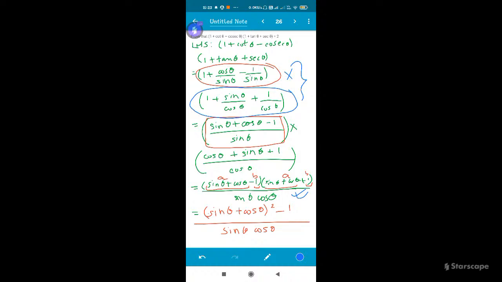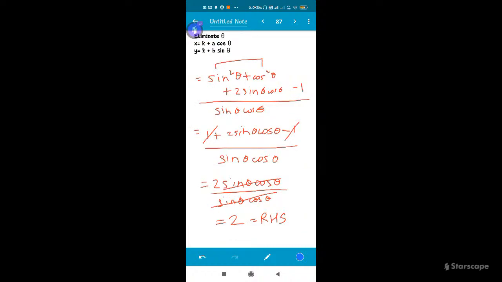On the right hand side, there is nothing related to sin cos or trigonometrical identities. That means it is very clear that all of them will just get cancelled out. So we are converting cot into cos by sin, cosec into 1 by sin, tan into sin by cos, and sec into 1 by cos. Then we are simply doing basic algebra and getting the value.